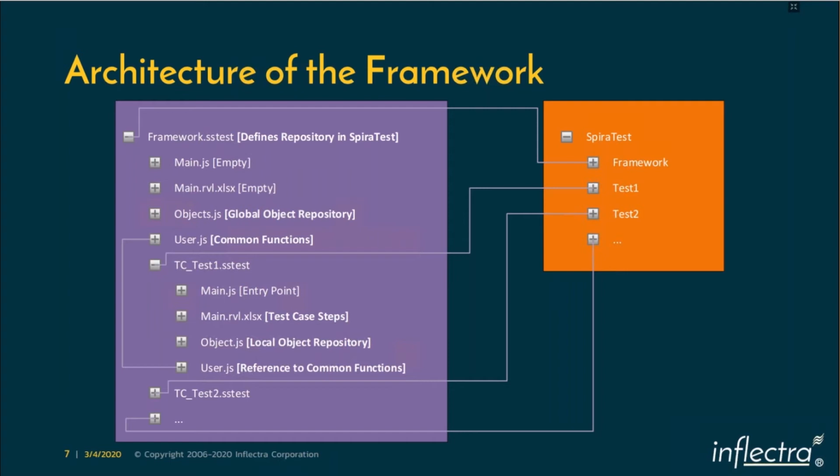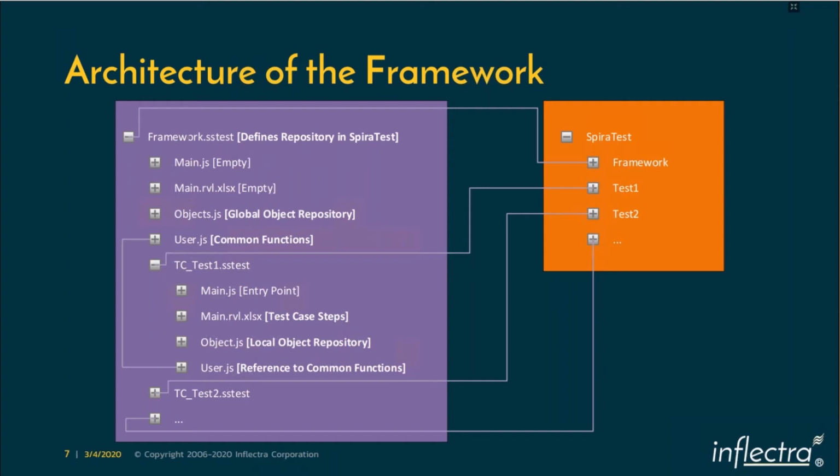For those of you who are familiar with Rapise, it should look familiar. And for those who are not, I will explain in more detail. So first, this framework consists of one parent test. It's the framework SS test. It's the root of the area highlighted to the left.